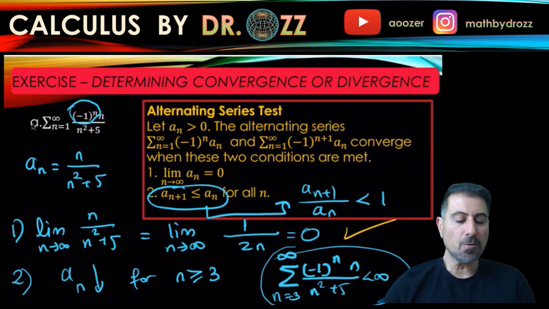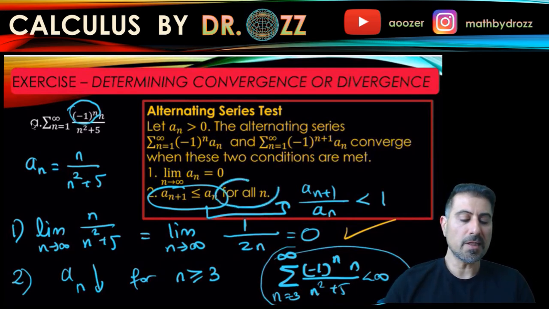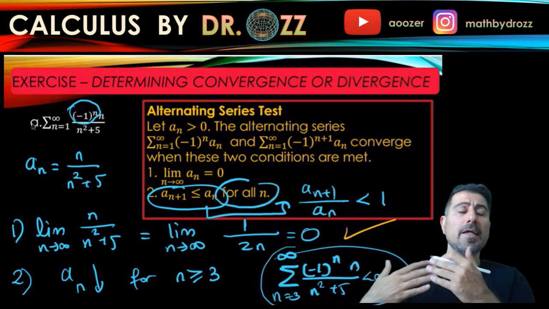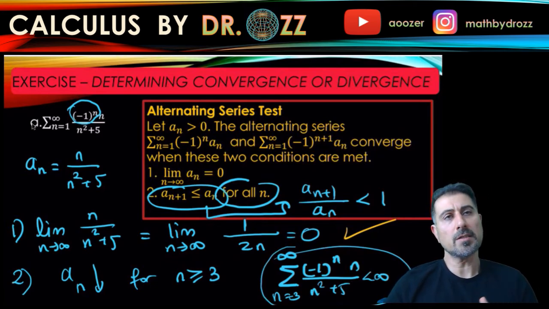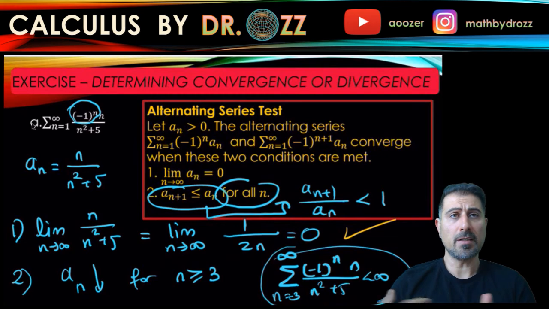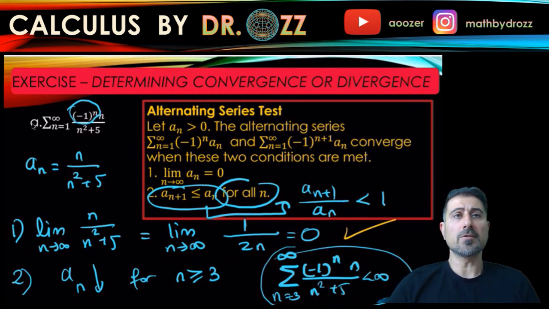So don't get fooled by the statement here saying that this is true for all n. If you start n from 3, like in the integral test, right? Sometimes we pick the lower limit of the integral to be 3 or 4, depending on the conditions of the integral test. It's the same deal here.